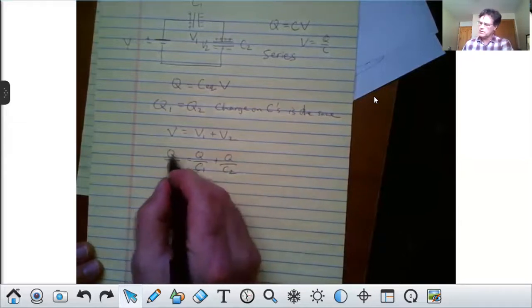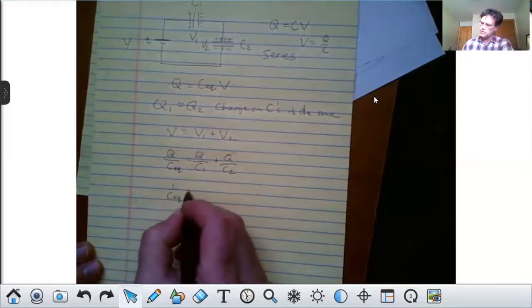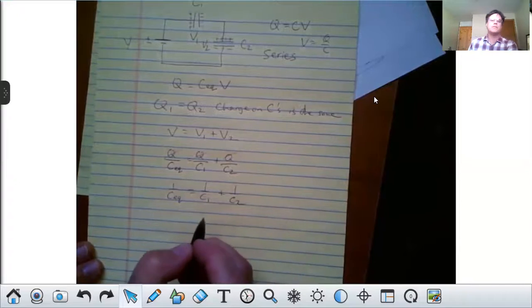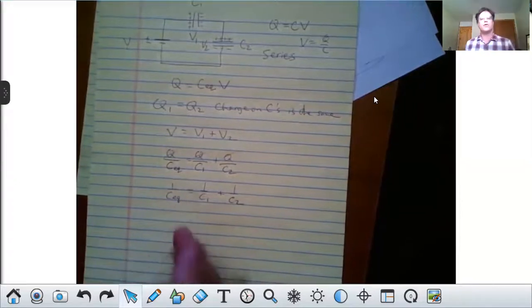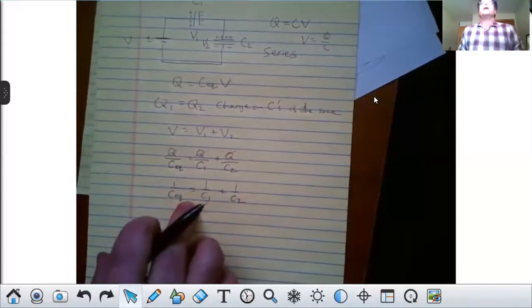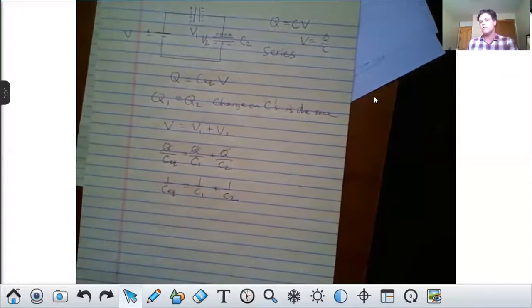Canceling all these equivalent charges, I get 1 over CEQ equals 1 over C1 plus 1 over C2. This gives me the formula to calculate the equivalent capacitance for two capacitors that are in series with one another. You could have more than two, right?